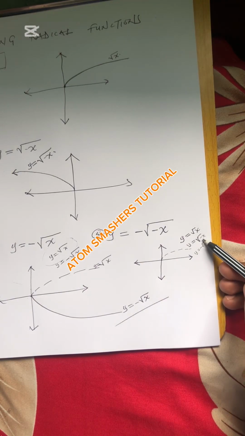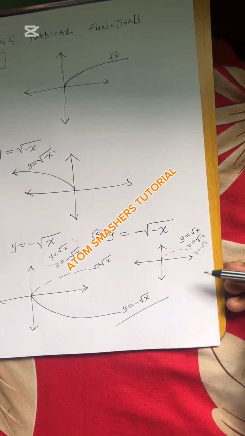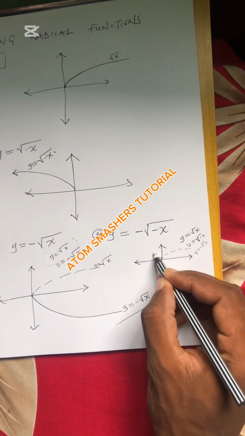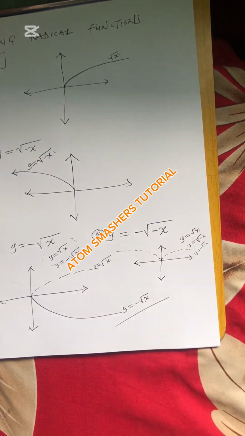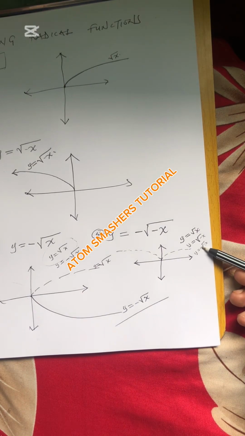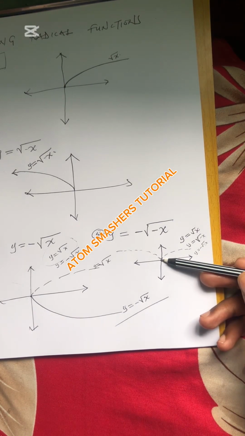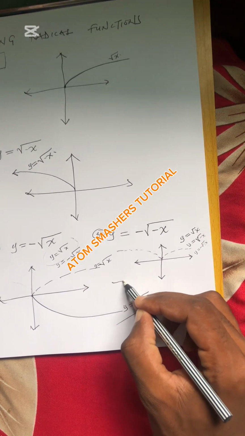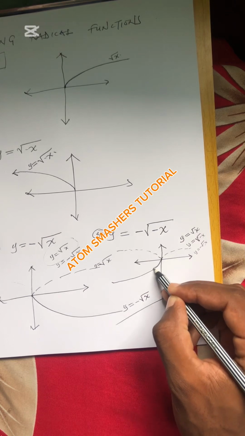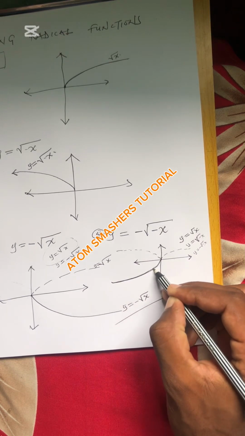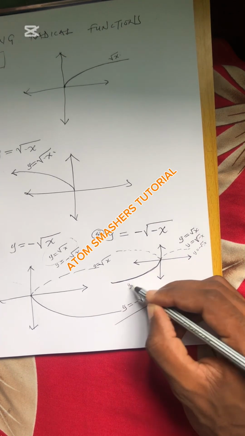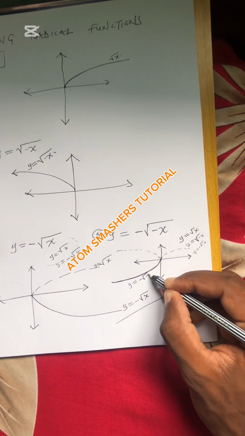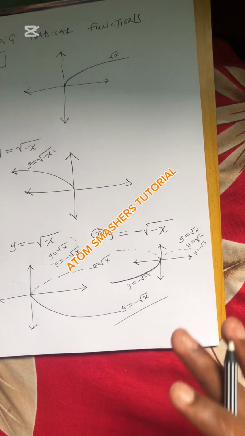For the root of negative x, the graph flips to this side. Then the effect of the negative outside: the graph will flip down, to the opposite side, like this. So this is y is equal to minus the root of negative x. This is the graph.